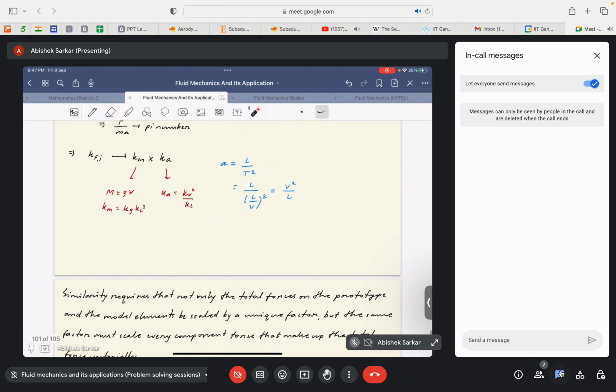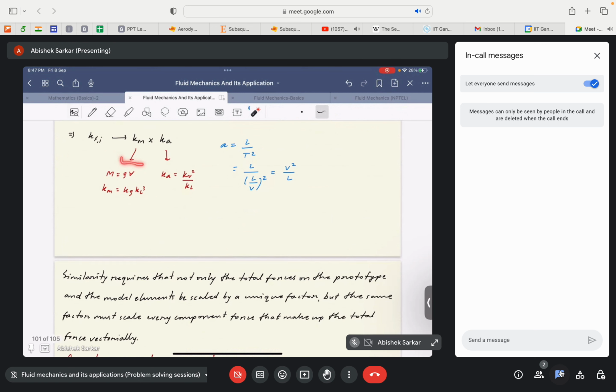Here they have just dissociated how km can again be represented in terms of the other kinematic and geometric scale factors.